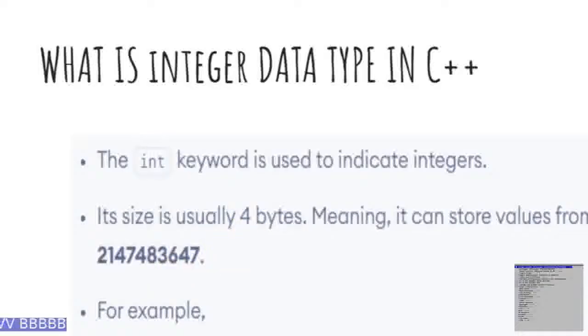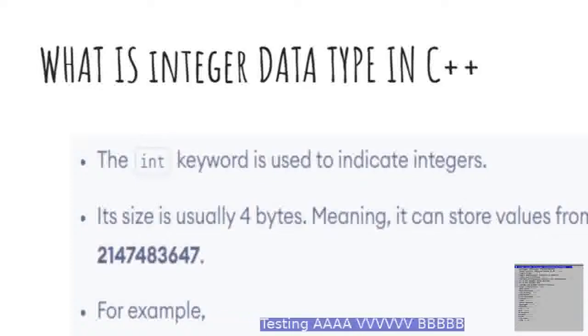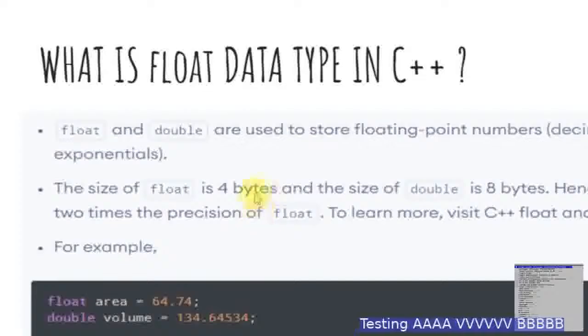So this is the entire range of values that we can store inside our integer type variable. So I hope you're very clear with what is the integer data type and how you declare integer data type variables in C++. After this short discussion, we'll also have a look at the practical. So let's move to the next data type.